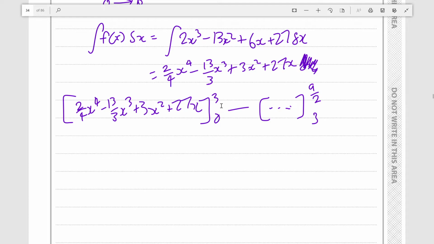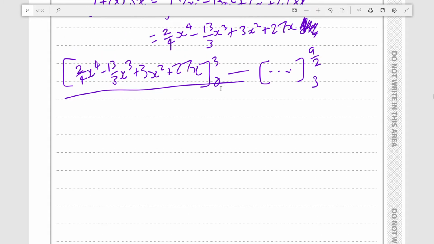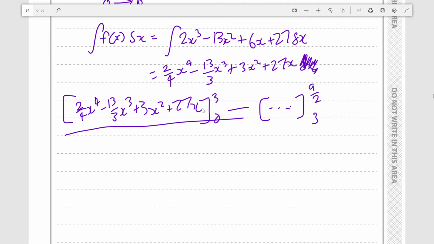Because from 0 to 3 it's positive, and from 3 to 9 over 2 it's negative. So let's first work out what this is. Since when x is equal to 0, there is no constant term, all of these would end up being 0, because anything times 0 is 0, and then you would just find that the value of this from 0 to 3 is just this expression when x is 3.